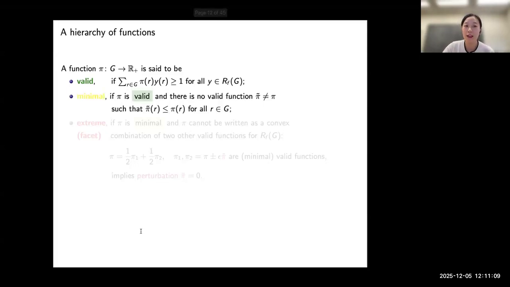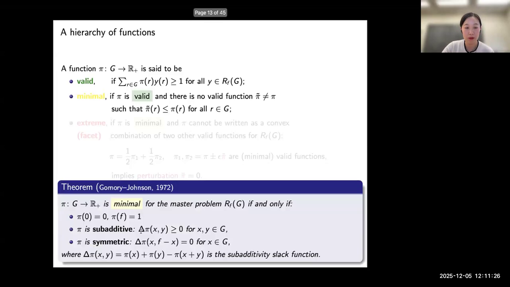We have the valid function we just introduced, then the minimal functions. The minimal ones are the valid functions that are not dominated by others. So there is no other valid function strictly smaller than it pointwise. And according to a classic theorem, the minimal valid functions are very well classified.